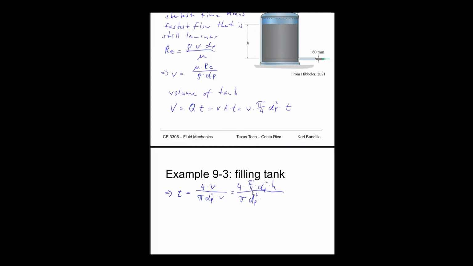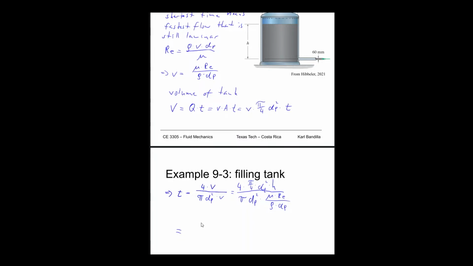And then the velocity we figured up here was mu times the Reynolds number divided by rho times d of the pipe.